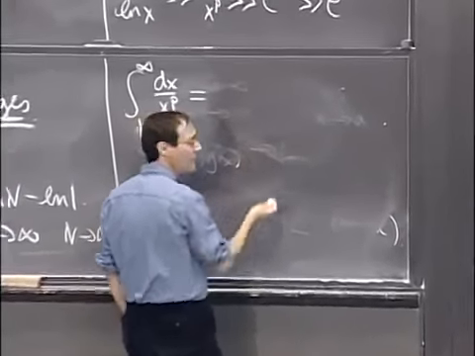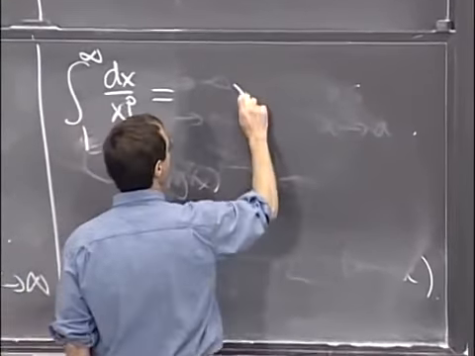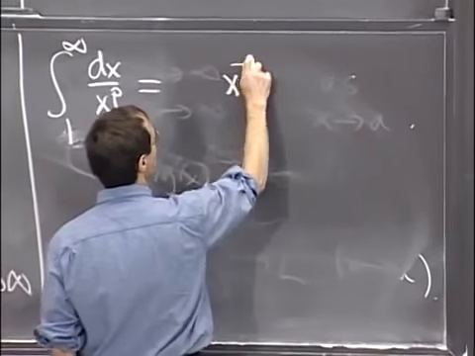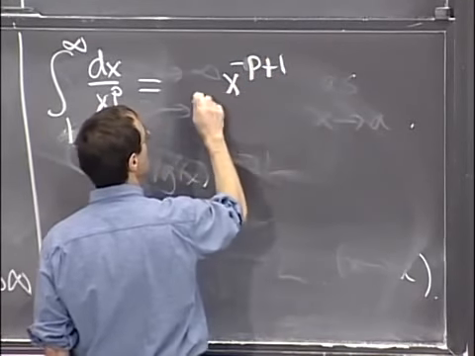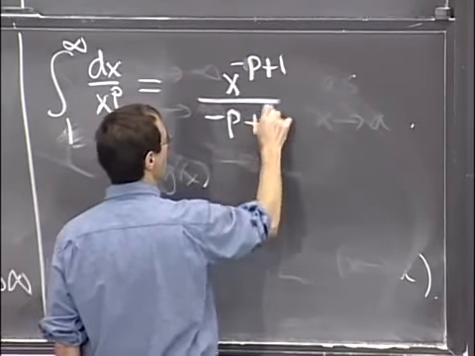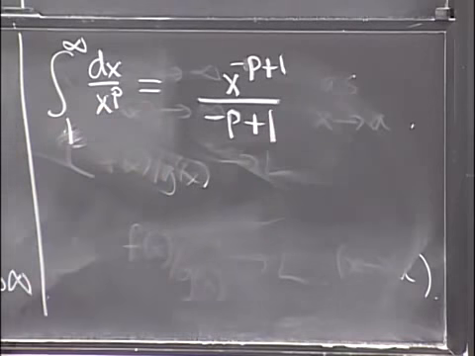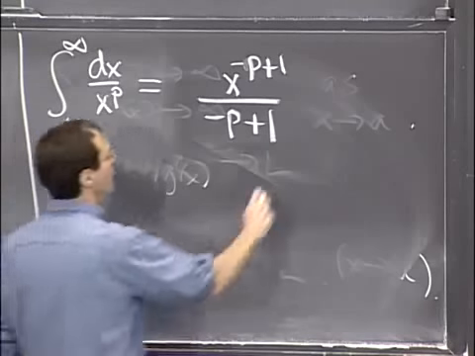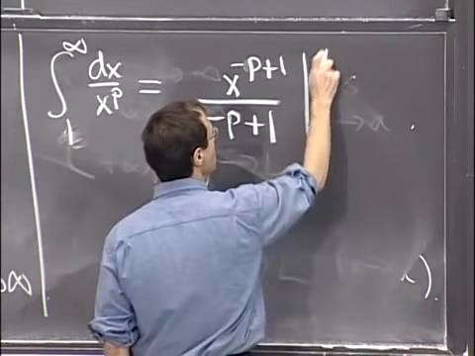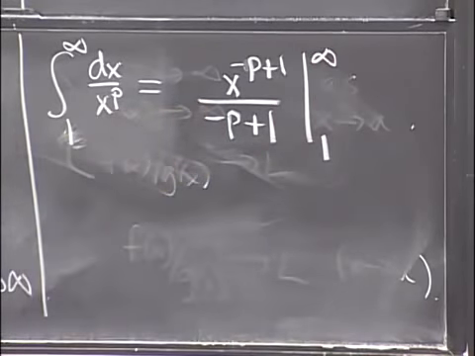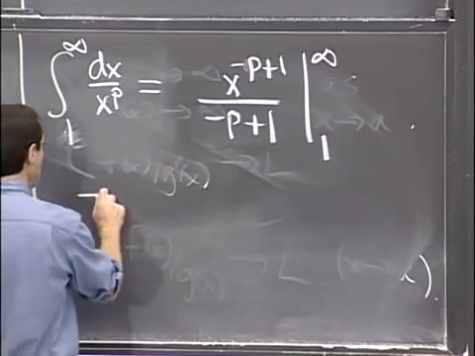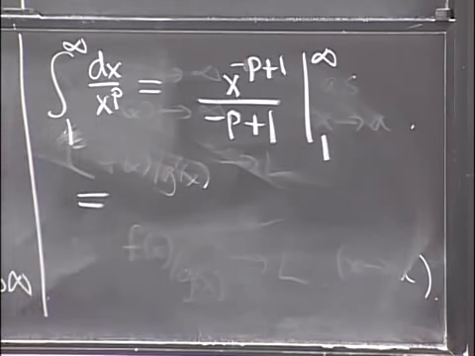First of all, I'm going to take the antiderivative, and that's x to the minus p plus 1 divided by minus p plus 1. That's the antiderivative of the function 1 over x to the p, or x to the minus p. And then I have to evaluate that at 1 and infinity. So now I'll write this down, but I'm going to be particularly careful here.